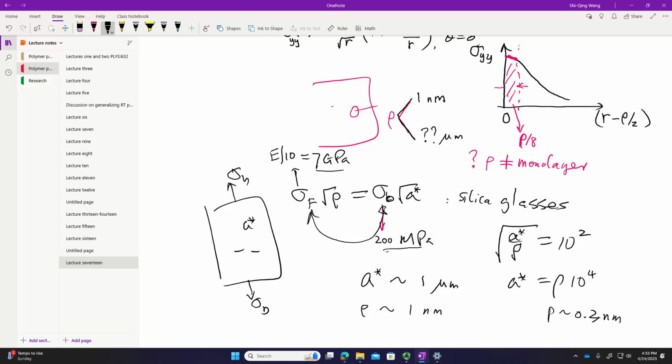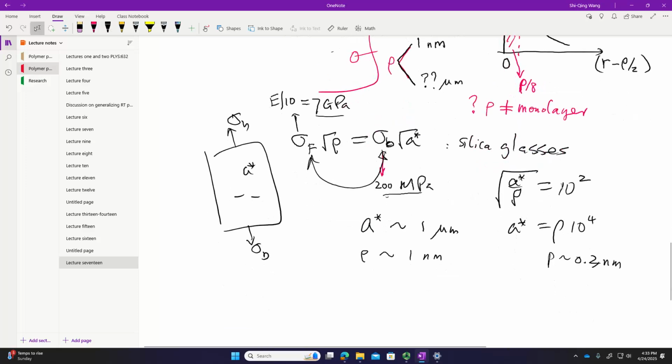Or, let me just complete that concept for you. Or, if your flaw size is even smaller than the sharpness of your tip, then there's no amplification of stress. No amplification, no intensification or concentration of stress.